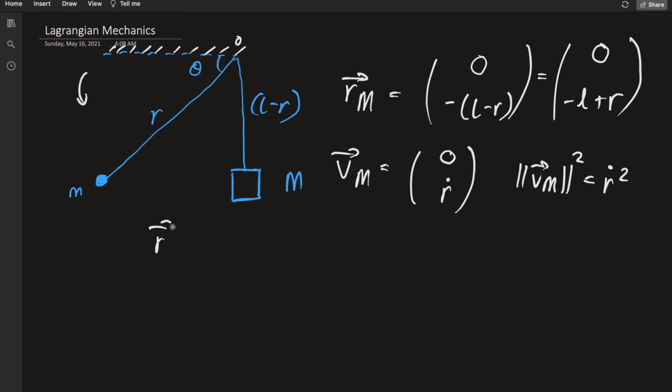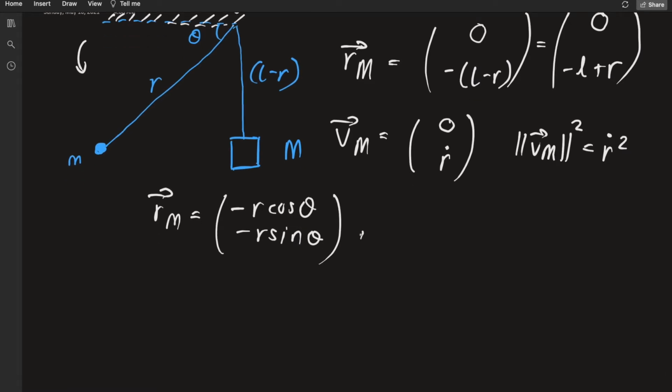Now we can find the position vector for small mass m, and that becomes negative r cosine theta, using some trigonometry. Notice that the x component is negative r cosine theta because it's in the negative x direction, and the y component is negative r sine theta. Now for the velocity of small mass m, we need to do a chain rule on each component, because r can change in time as well as theta.